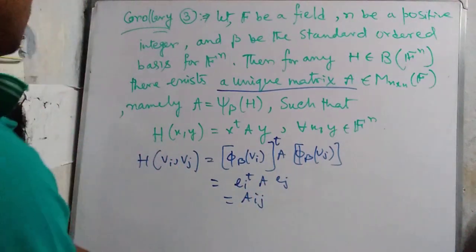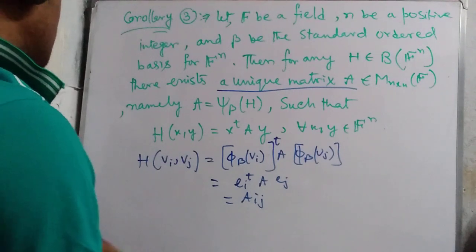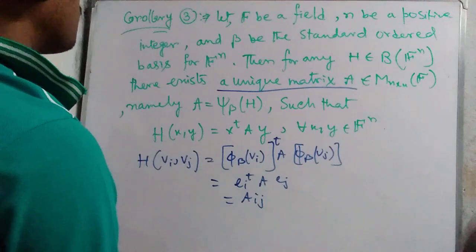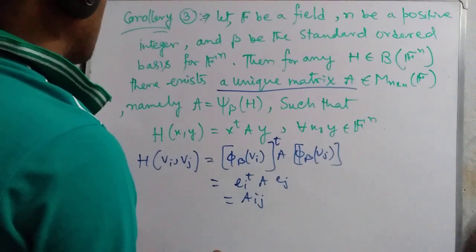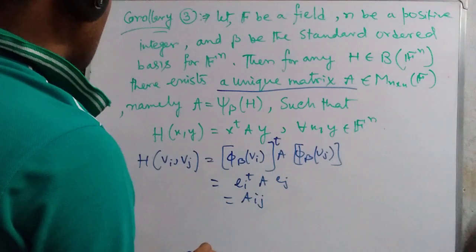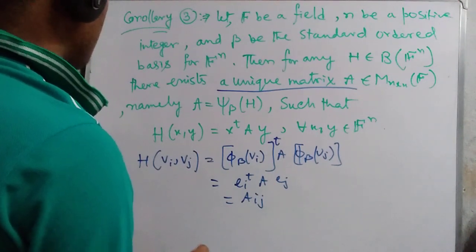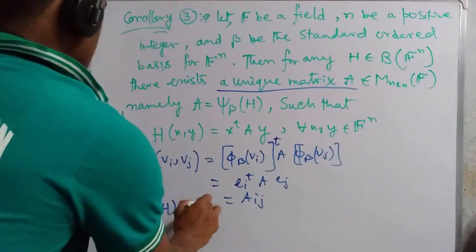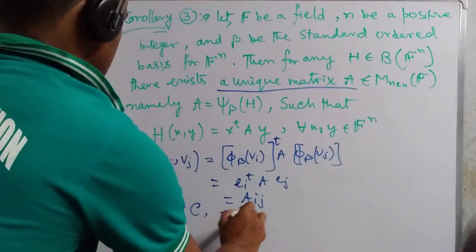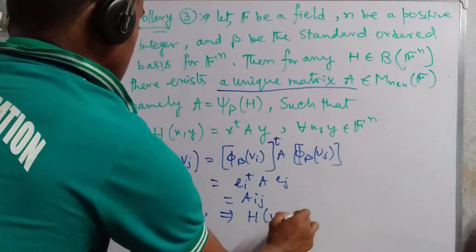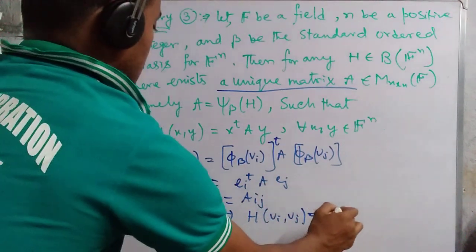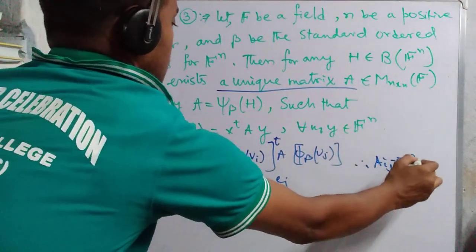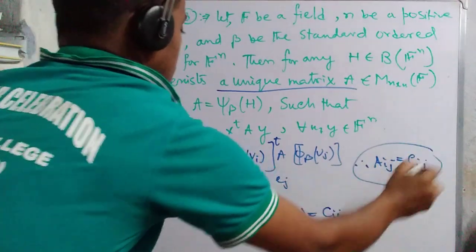Okay, then also if psi beta of h is equal to some C, then what happened? This implies that h of v_i p_j equals the same c_ij. So a_ij equals c_ij.